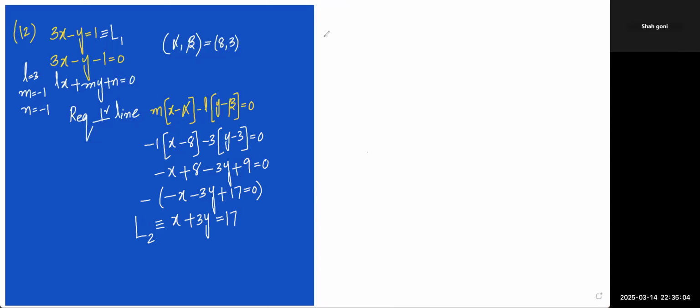Your L1 is 3x minus y is equal to 1 and x plus 3y is equal to 17. There are so many methods available to solve this one. You can use any method or you can use a calculator. You'll get the value of Q easily.